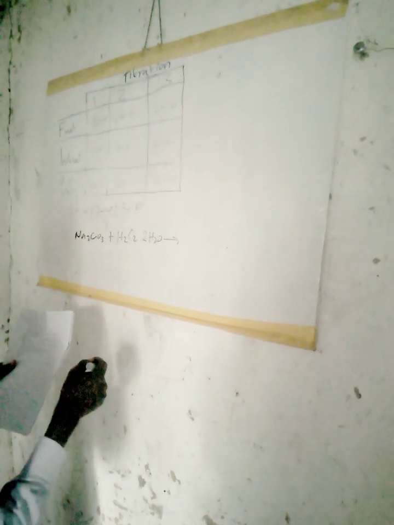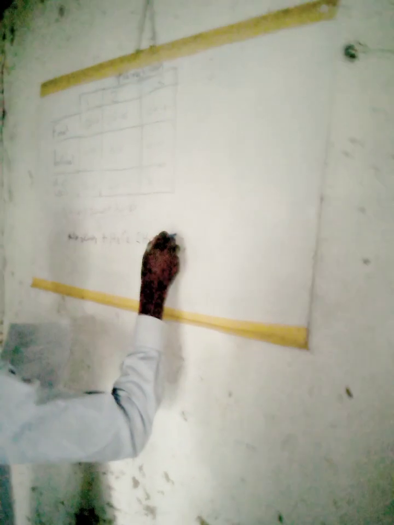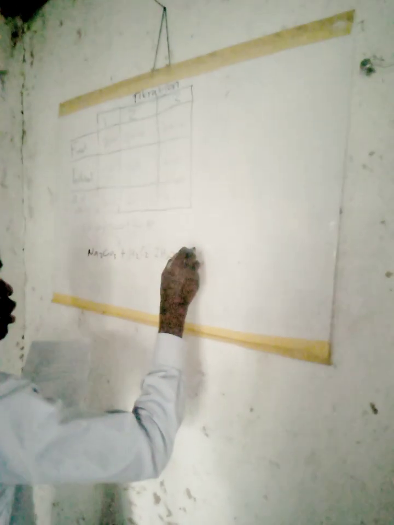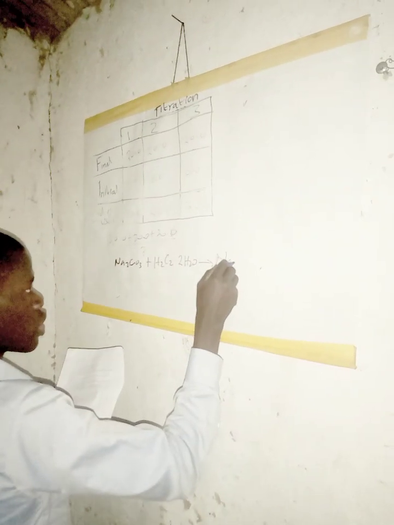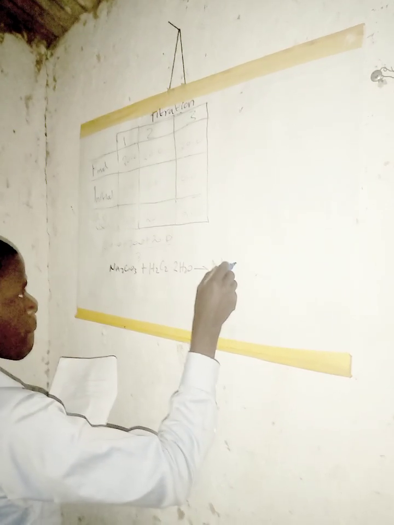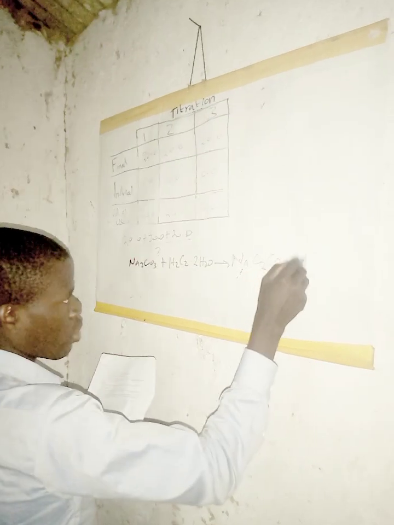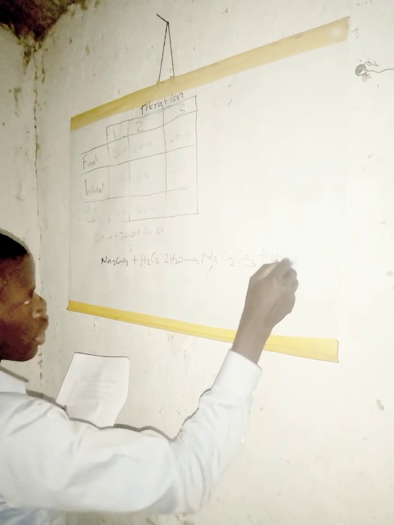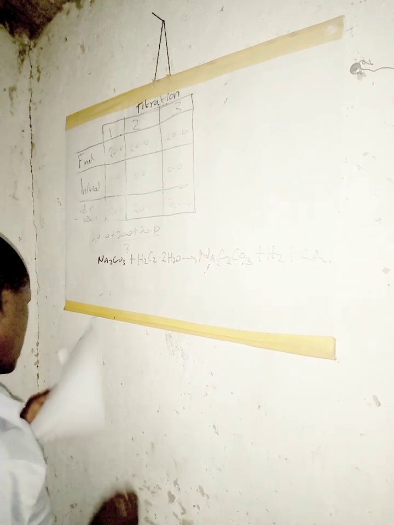Then you are going to get sodium bicarbonate, that is now the salt, plus water plus carbon 4 oxide. Sodium bicarbonate plus water plus carbon 4 oxide.